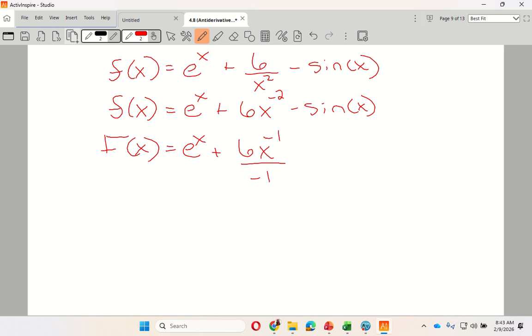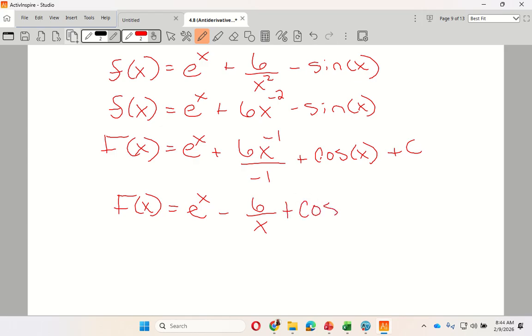Okay, so when we have negative exponents, that's what you have to pay close attention to. And this again is my plus cosine of x plus c. As I rewrite it, F of x is e to the x minus 6 over x plus c.